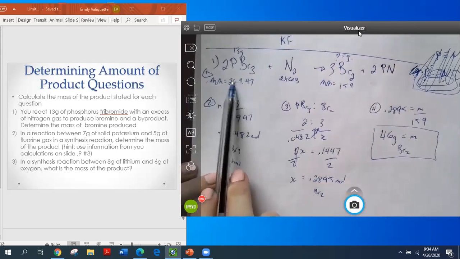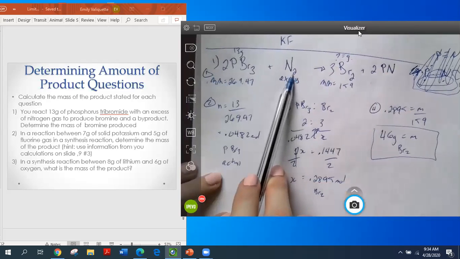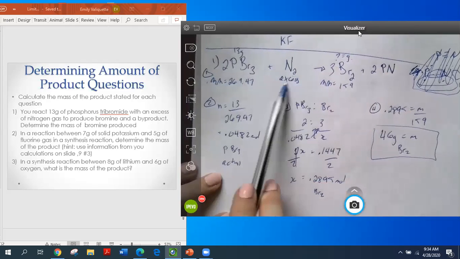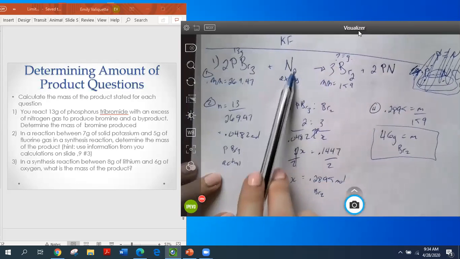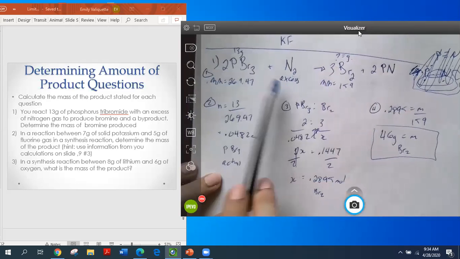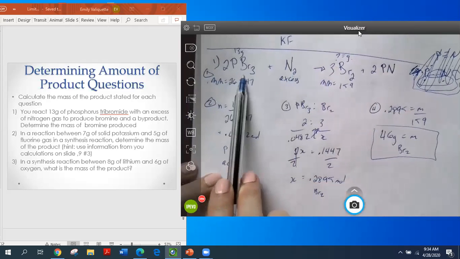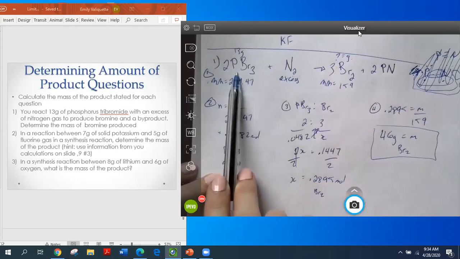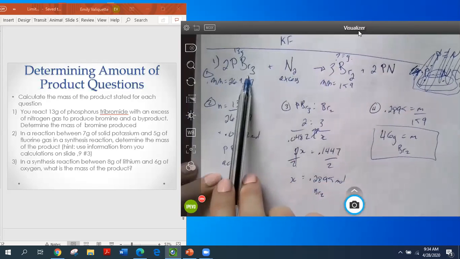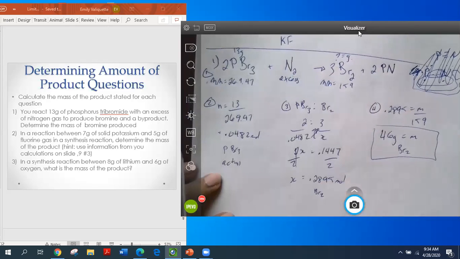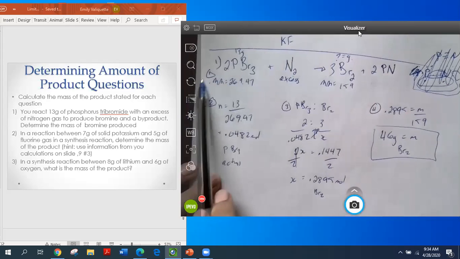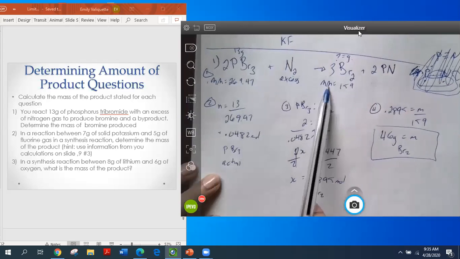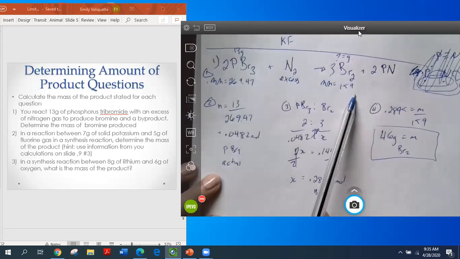Anyway, in this case, it told us that the nitrogen gas was in excess. So we can pretty much just ignore this nitrogen gas because we know that the other reagent must be the limiting one, and it is the limiting reagent that we have to use in our mole ratio to find how many grams of bromine there are. So I figured out the molar mass of my reactant and of my product.